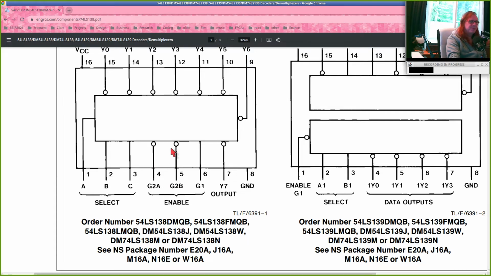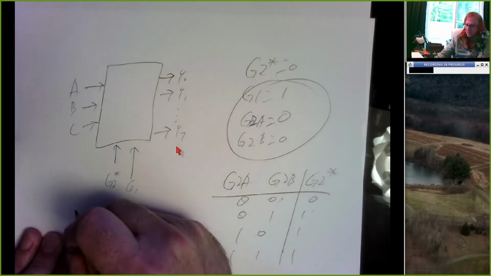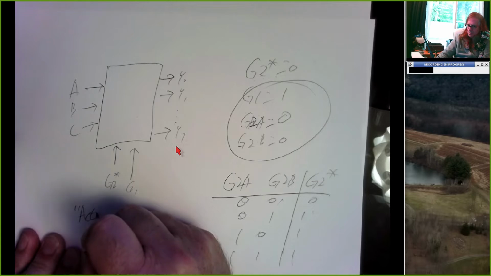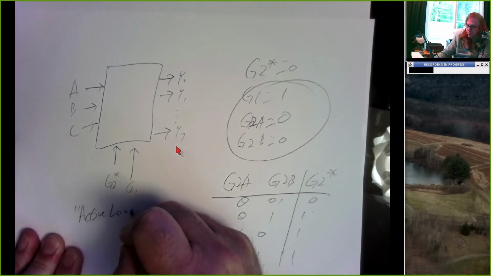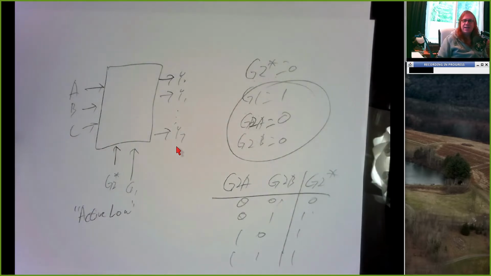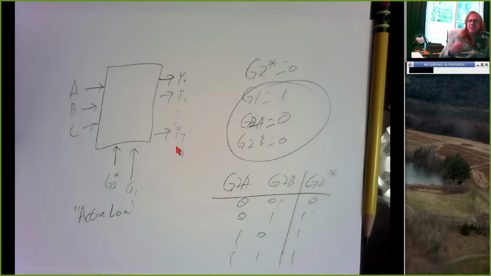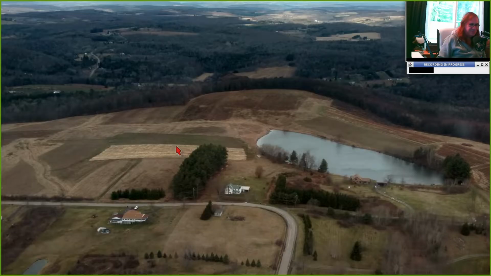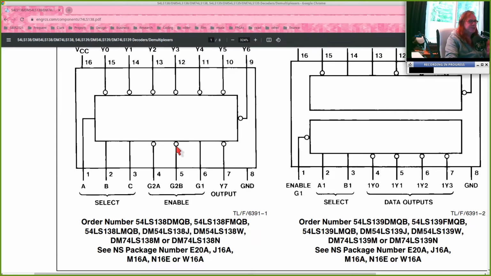But the other term that we'll see when we think about these things is active low. And when we say an input is active low, it means that it does its thing when the input is 0. And doing your thing depends on what your thing is. If you're an enable input, your thing is to enable the device.